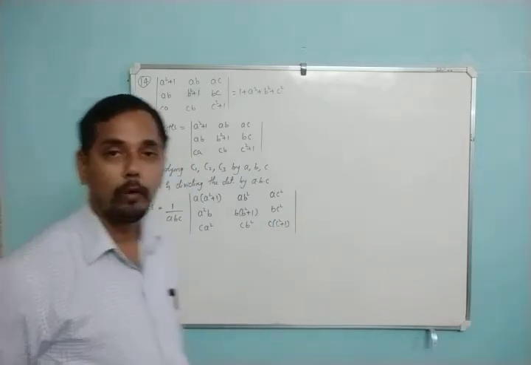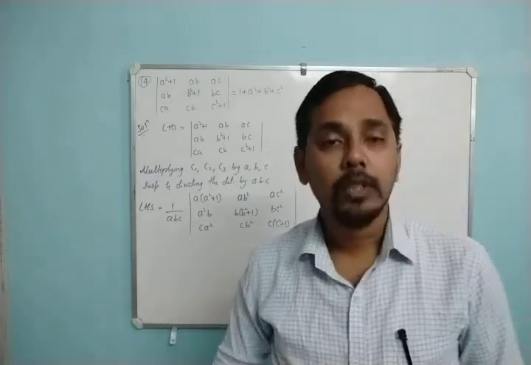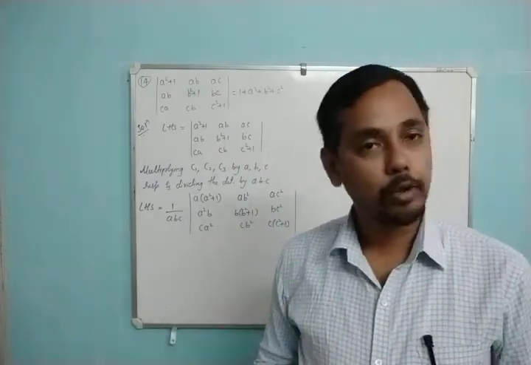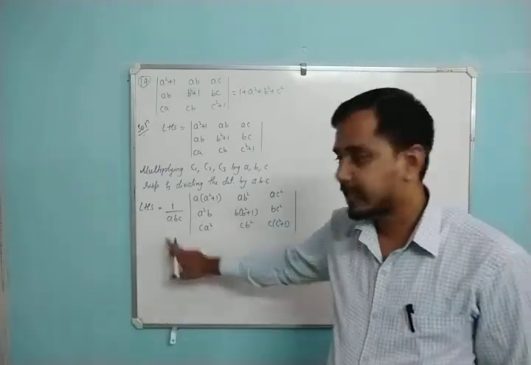Okay, so I have multiplied a to the first column, b to the second column, and c to the third column, and also as I multiply I divide the determinant by a into b into c. This you can see here.